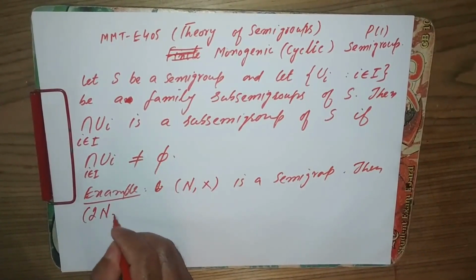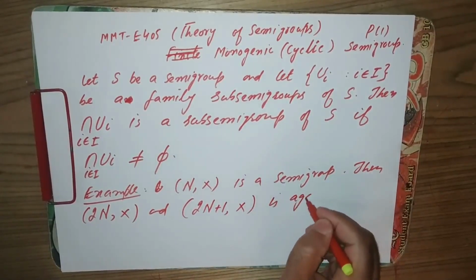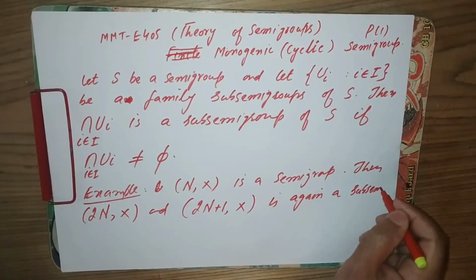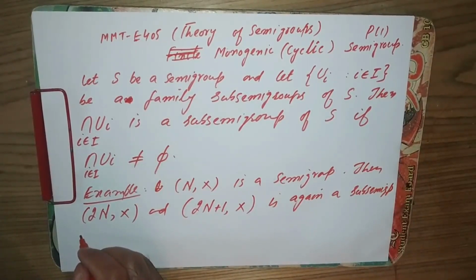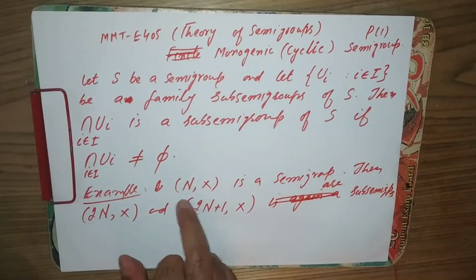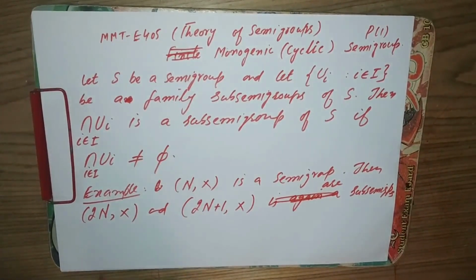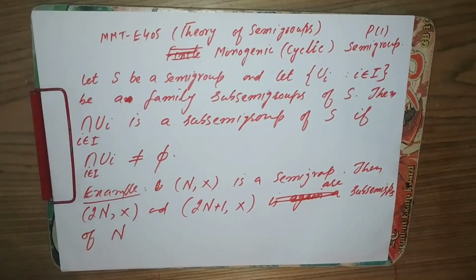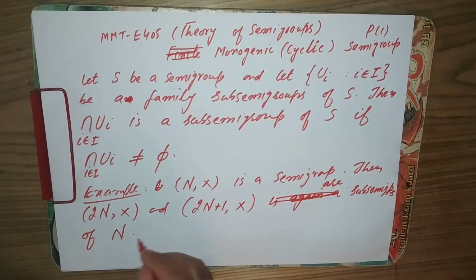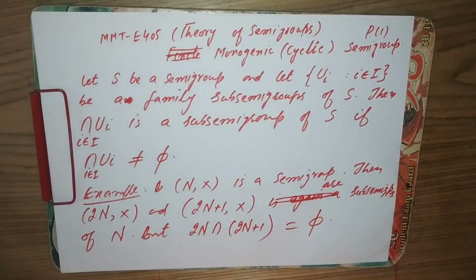Then the even natural numbers 2n with respect to multiplication, and the odd natural numbers 2n plus 1 with multiplication, are sub-semigroups of N. This is clear because the product of two even natural numbers is again even, and the product of two odd natural numbers is again odd. So both are sub-semigroups of N. But their intersection is the empty set, so it's not non-empty.